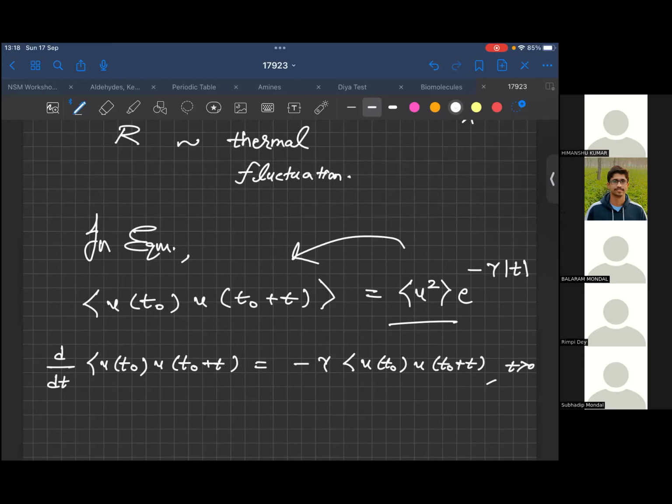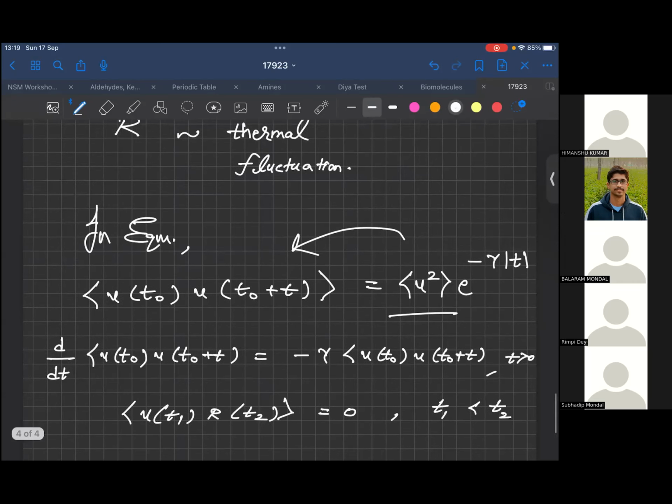Now, the correlation between this velocity and any random function should be 0, provided that t1 is less than t2.